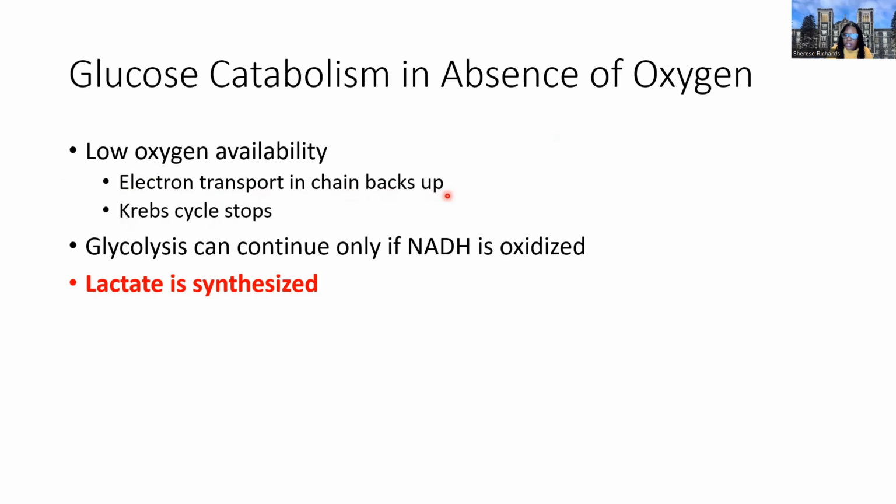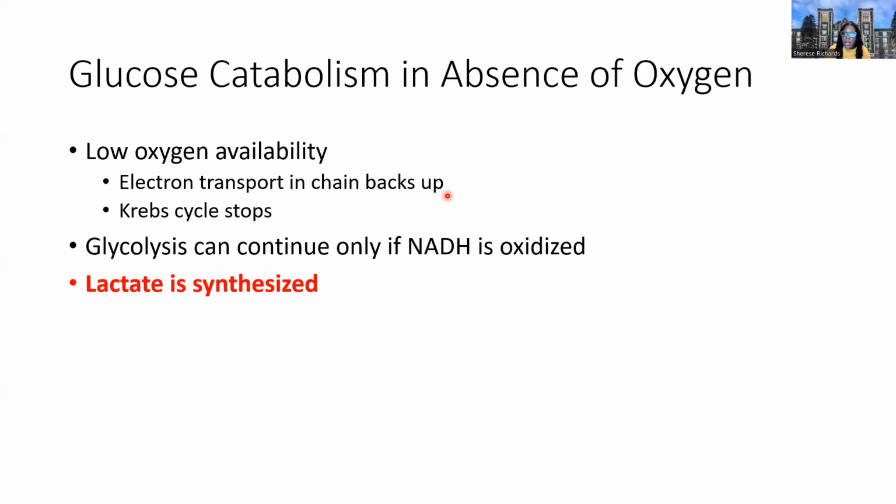Because we don't have oxygen to accept the electrons, the chain of passing those electrons from one to the other halts. Okay, that chain stops. Essentially, ATP production stops. All of the preceding steps will also stop.